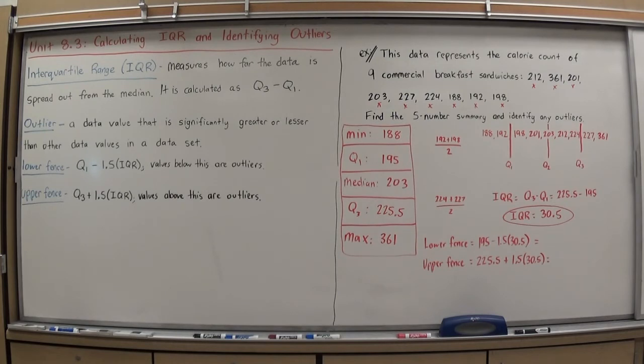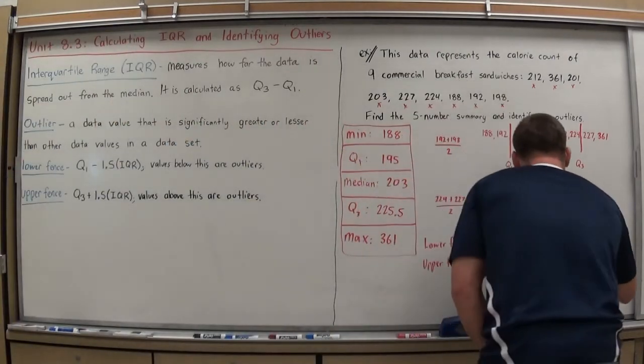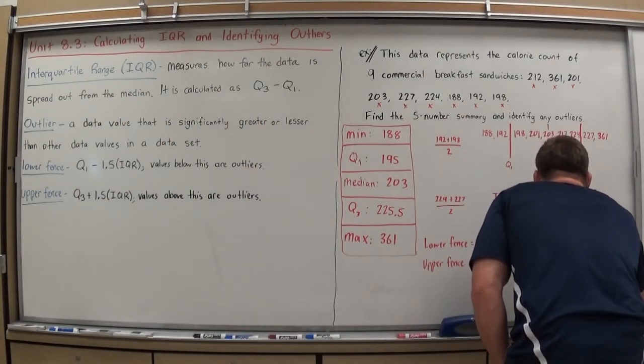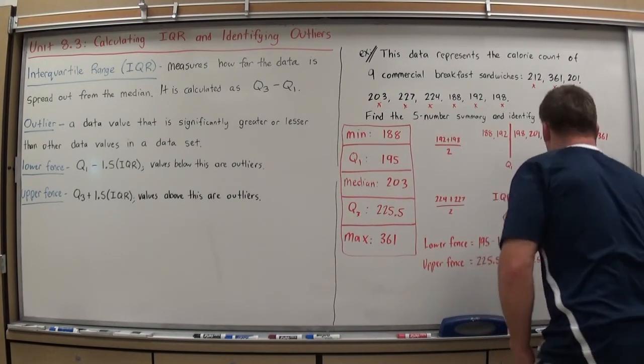So 195 minus 1.5 times 30.5 gives us 149.25.